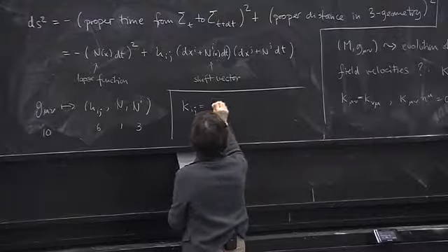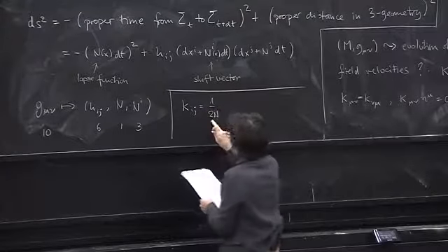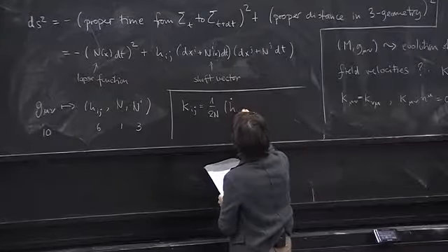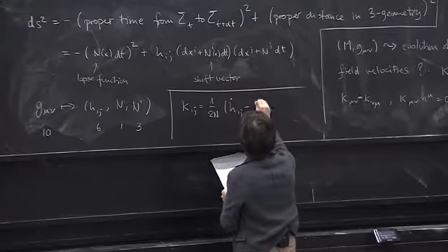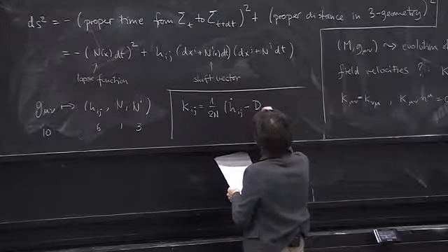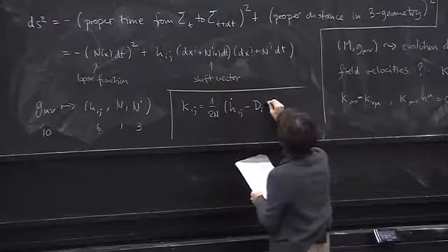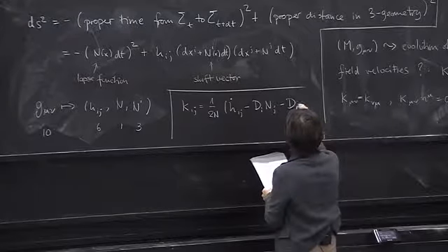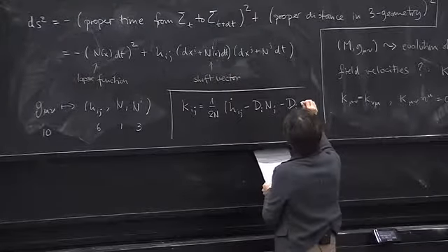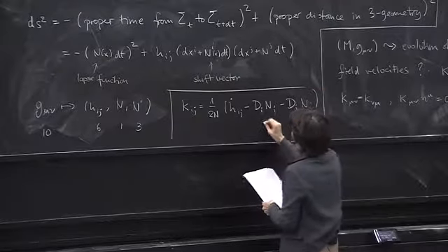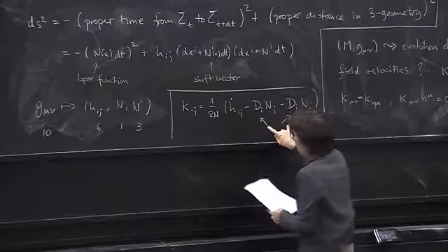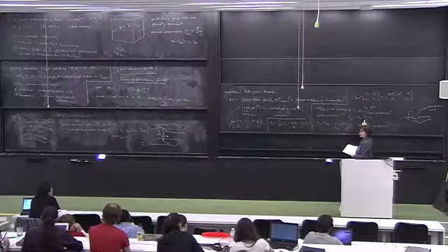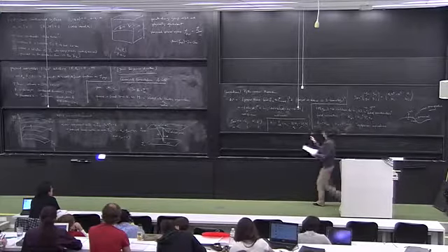K_ij, this is all I have to give you, is 1 divided by 2 times the lapse, times h dot ij minus the spatial covariant derivative of the lapse in the symmetrized fashion, D_i N_j plus D_j N_i, where these are now spatial covariant derivatives. In contrast with this object, which was a space-time covariant derivative.